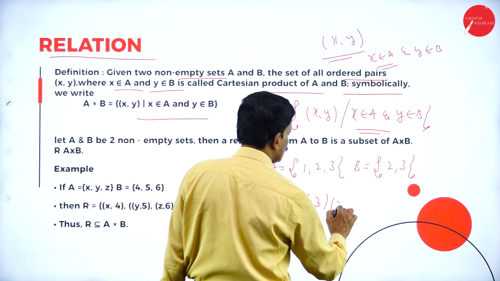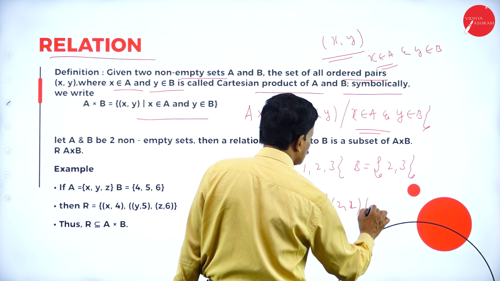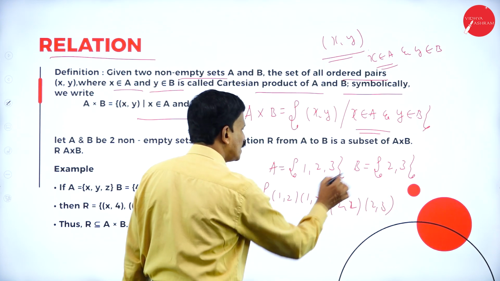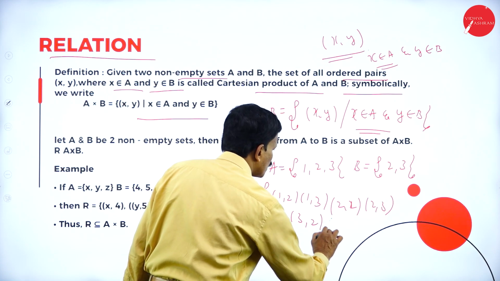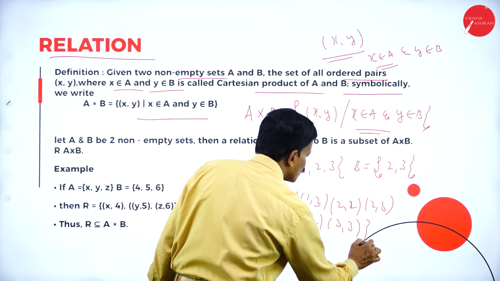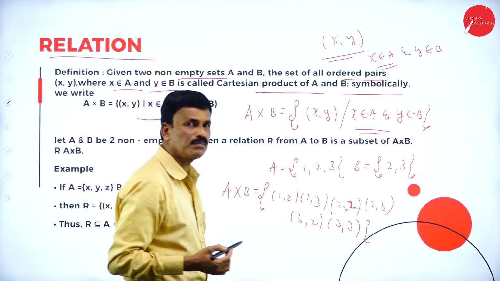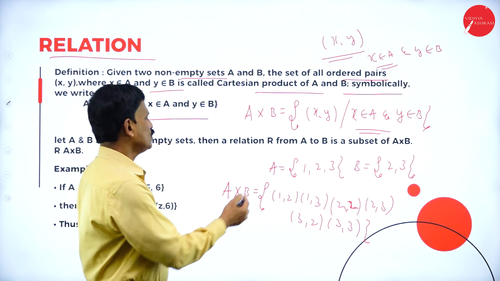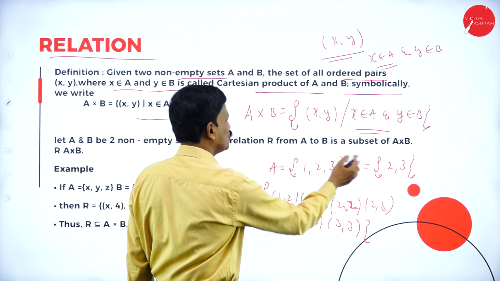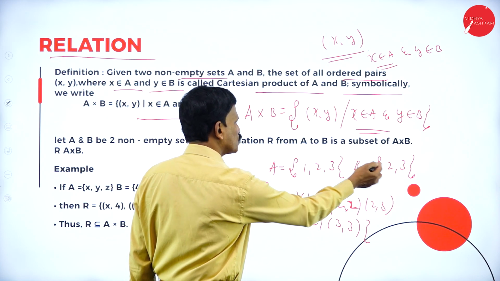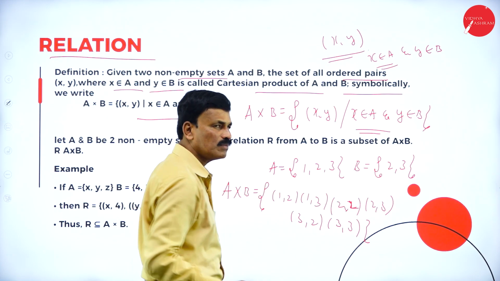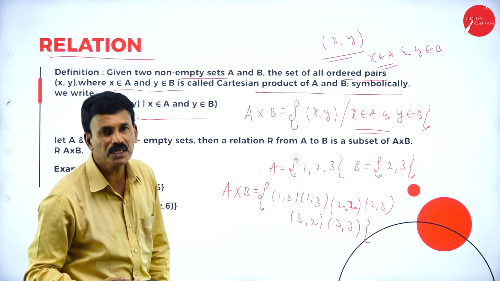Then the second element: (2, 2) and (2, 3). Then the third element: (3, 2) and (3, 3). So A cross B is equal to {(1, 2), (1, 3), (2, 2), (2, 3), (3, 2), (3, 3)}. These are called ordered pairs.